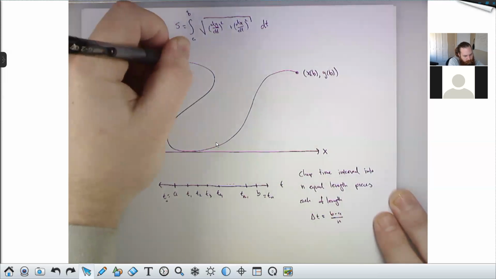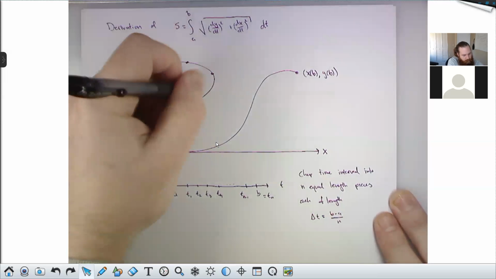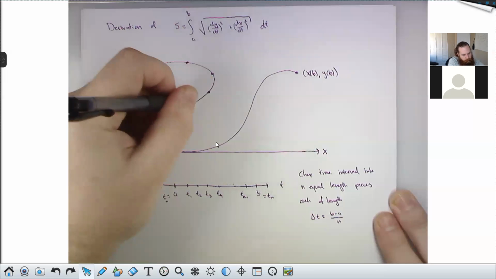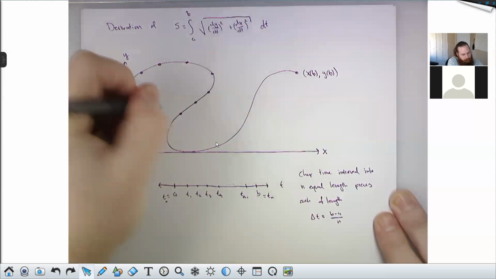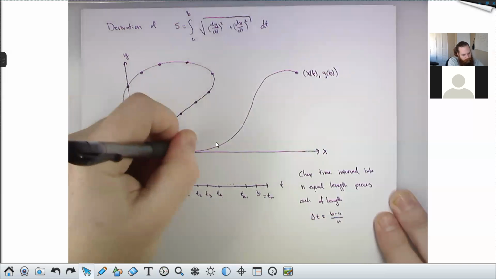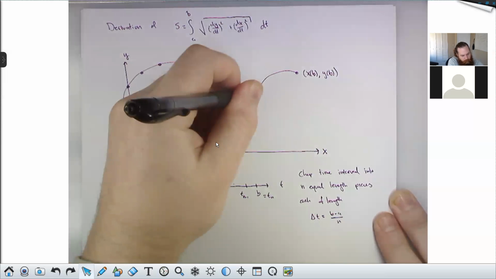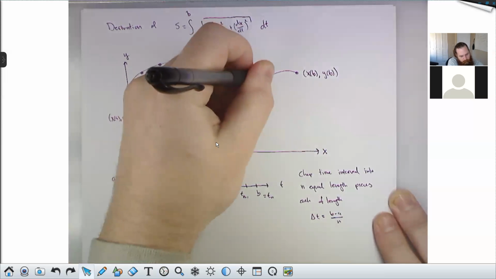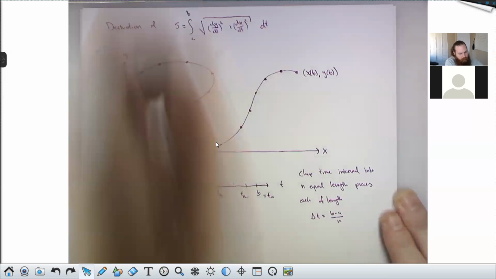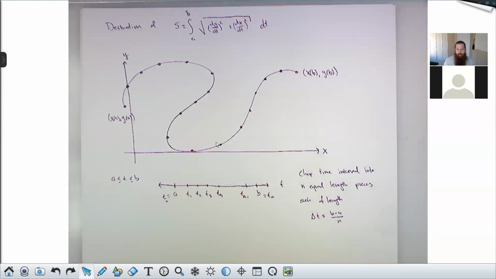And they're not necessarily going to be equally spaced on the graph. They're equally spaced in time. So the time it takes to travel from one point to the next is the same. But that doesn't mean that their geometric spacing is equal.